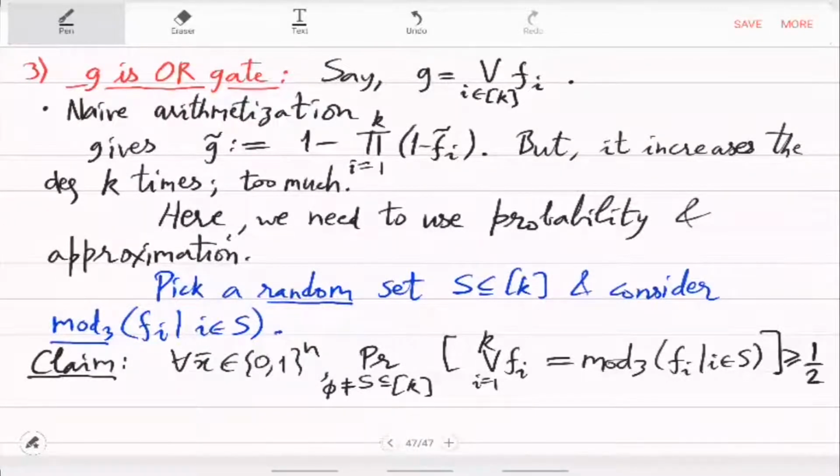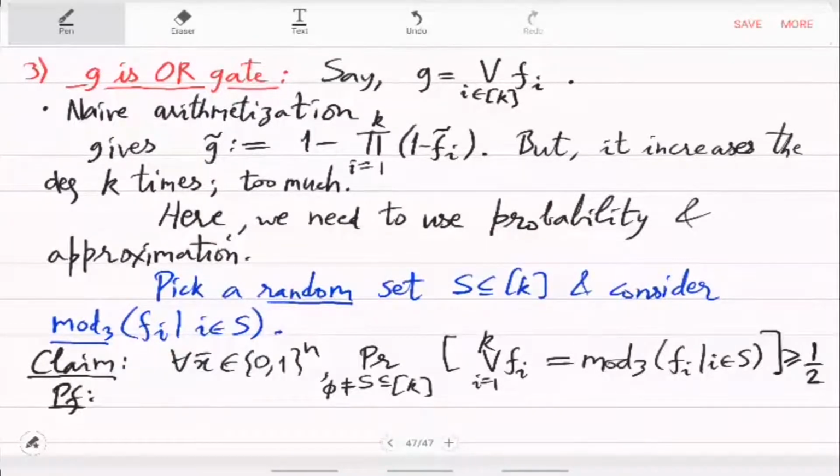The probability is half. Okay, so there is some success probability, although it's not too high, but what you can do is repeat this and then the error probability will reduce. You can pick S many times. Okay, so this will be a useful step.